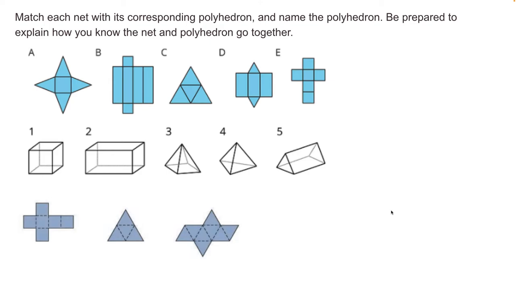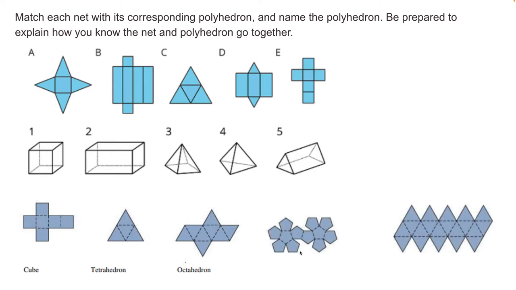All right, and I want you to practice a little bit more. So again, hexahedron or cube, and we have tetrahedron, right? And this is octahedron because we have 8 equal faces.